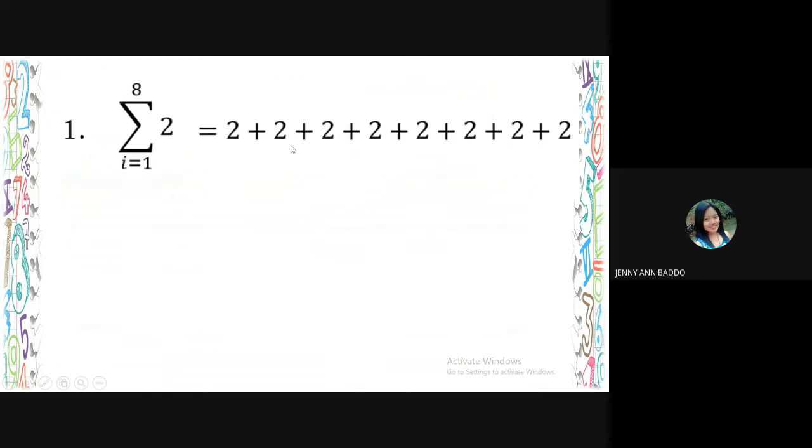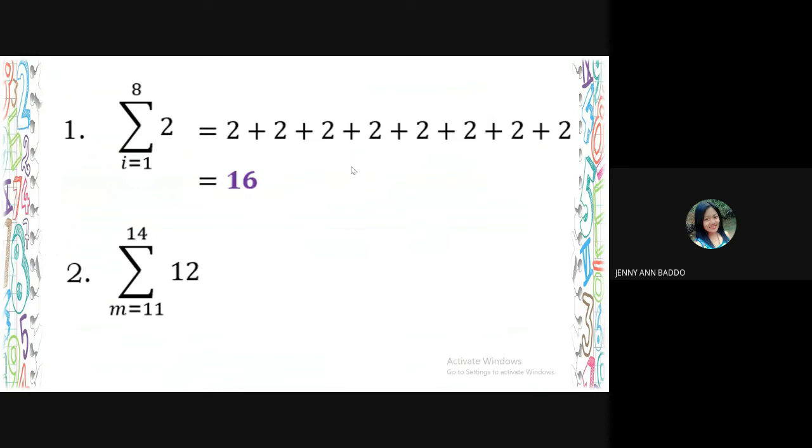So that's 2 plus 2 plus 2 plus 2 plus 2 plus 2 plus 2 plus 2. Why? Because if we have I equals 1, that's 2. I equals 2, I equals 3, 4, 5, 6, 7, 8. So adding those numbers, we have 16.